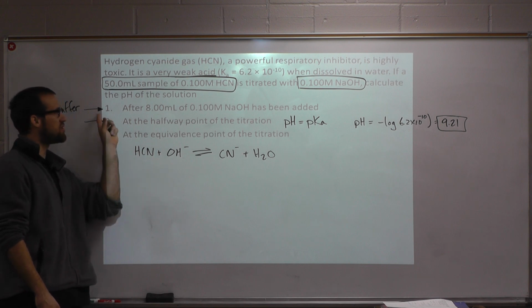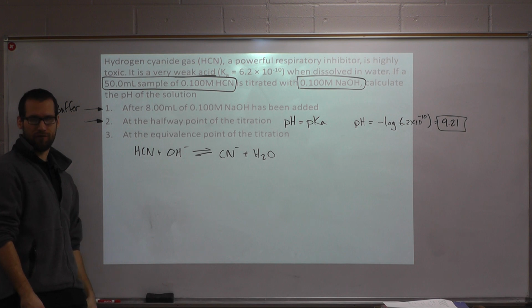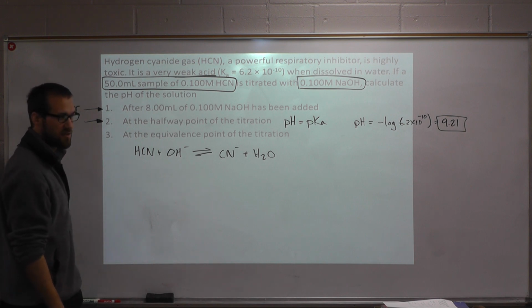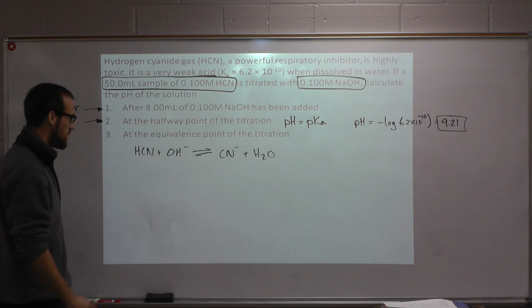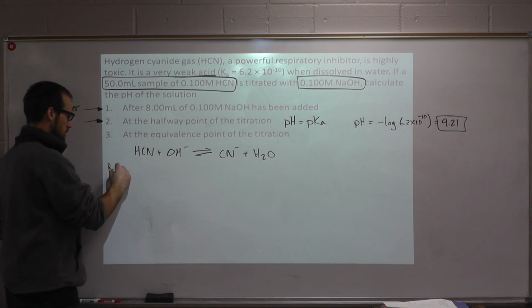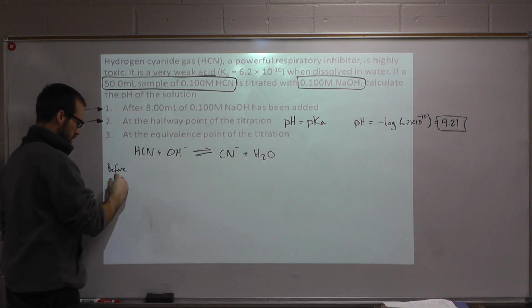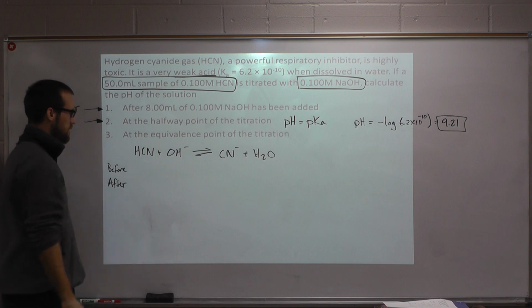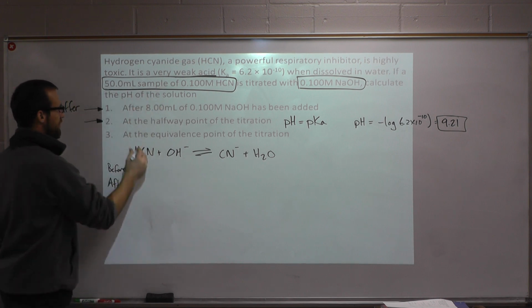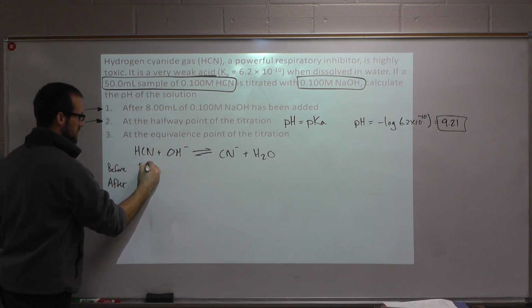Okay, we said that this first step is a buffer problem, and in all buffer problems, what do we have to do before we use the Henderson-Hasselbalch equation? Stoichiometry. Okay. 50 times 0.1 is 5 millimoles.